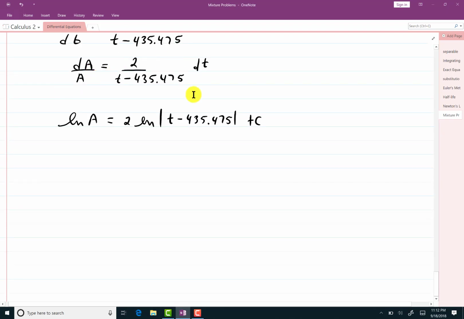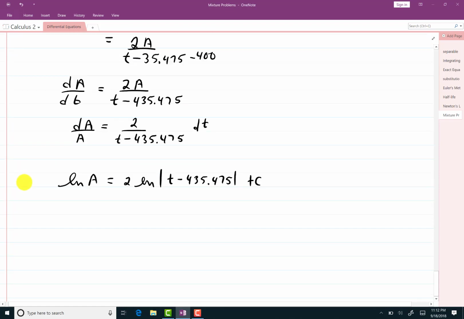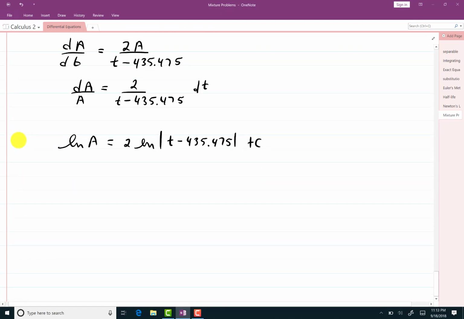And at this point, let me find out what the C is before I do anything else. So I am going to start, T was 35.475. Let's go ahead and throw it in there. So I knew that A of 35.475 was equal to 500. This will allow me to find the C. So I'll have ln 500 equals 2 ln.